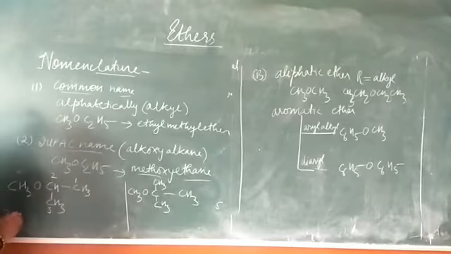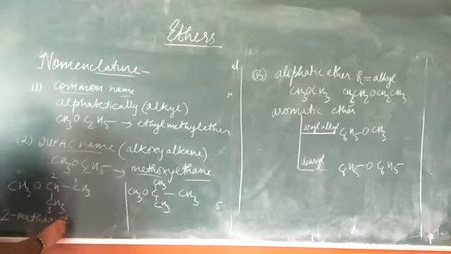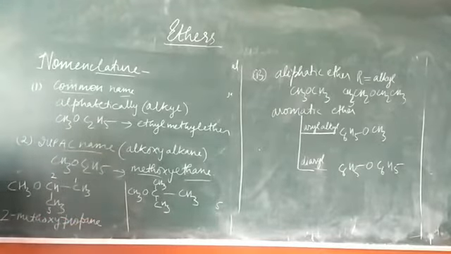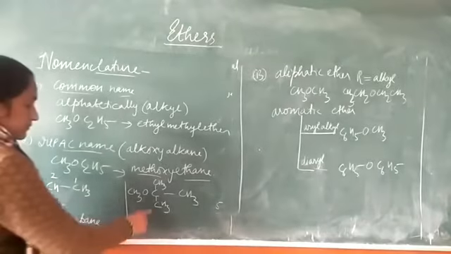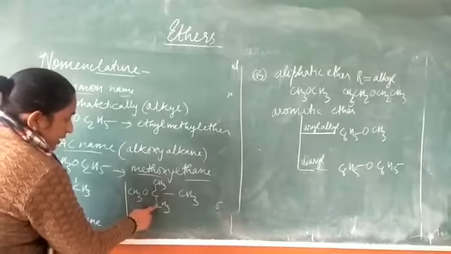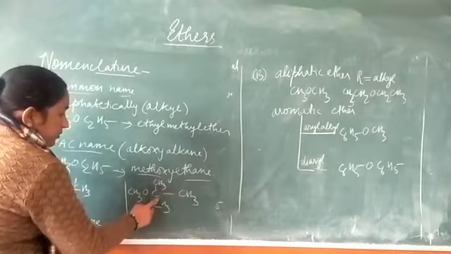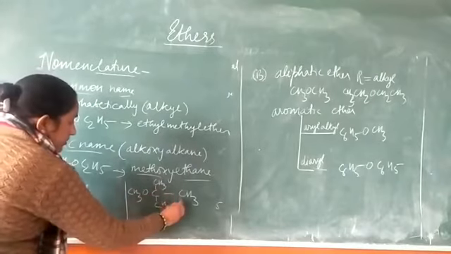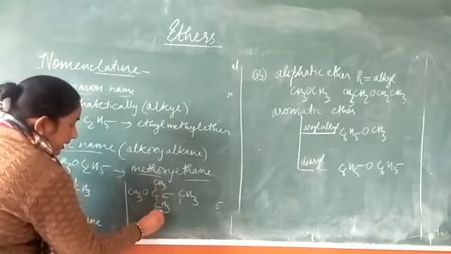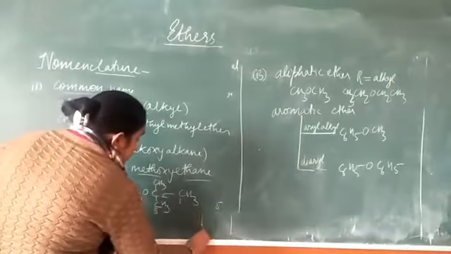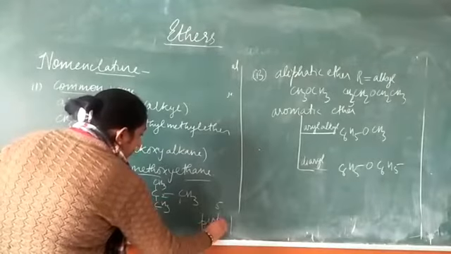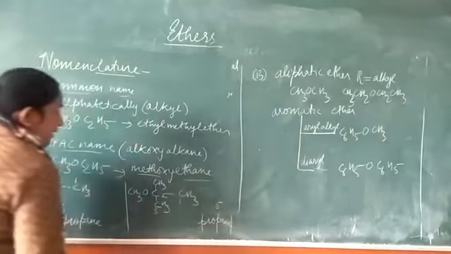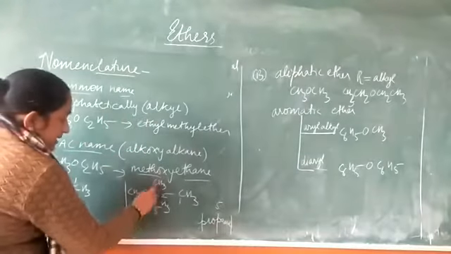So it will be 2-methoxypropane, right? Similarly, if you see here, you can again number 1, 2, 3. Again the higher one is the prop, so it is propane. Now here we have the substituent and second is methyl.